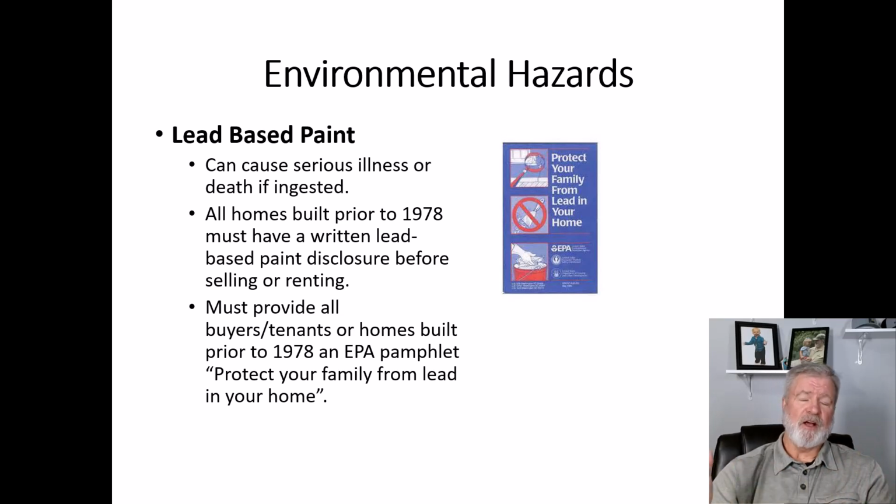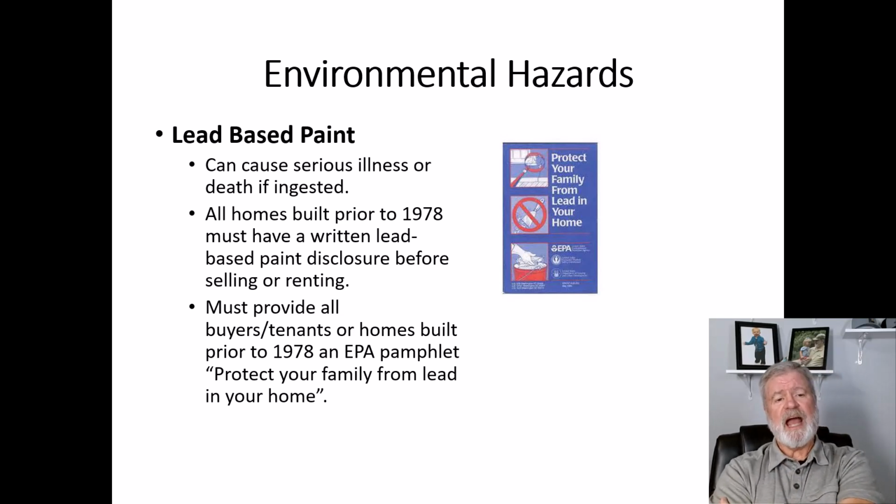Could the house you live in have lead paint? Potentially. But what you need to know for real estate purposes and for test and exam purposes, any house built prior to 1978, and you better remember that date, you're going to see that date over and over again.